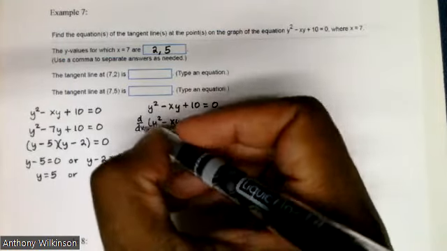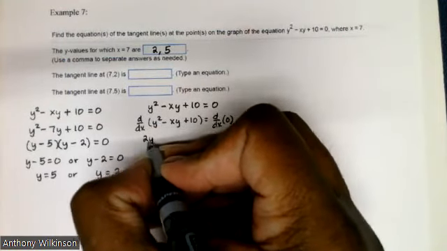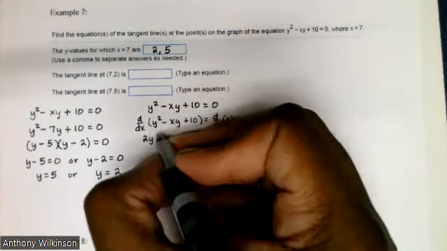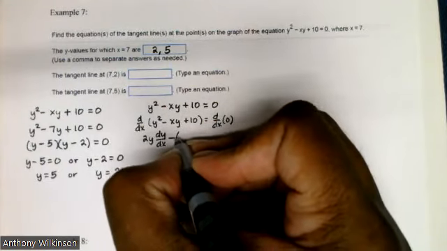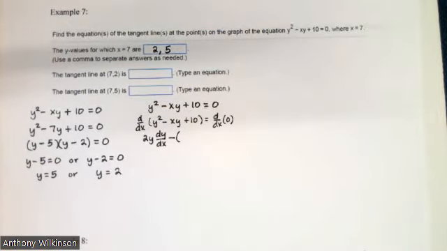Now the derivative of y squared will be 2y. But of course, we're taking the derivative of y, that means we need dy/dx in this. Now minus, now that x times y, we're taking the derivative of a product. We must use the product rule.